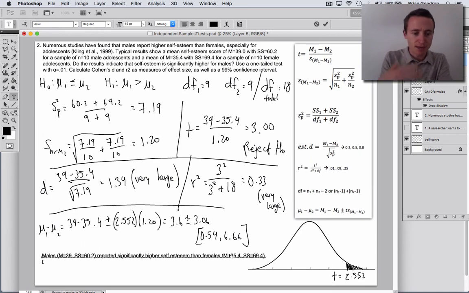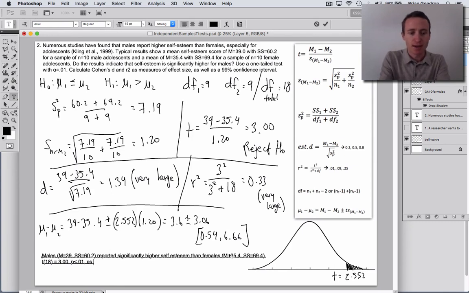And then I'm going to indicate what test I did to make that conclusion. So I did a t-test. In parentheses, I have my degrees of freedom for the entire study, which was 18. The t-value was equal to 3. P is less than 0.01 since I used an alpha of 0.01 and rejected H0.